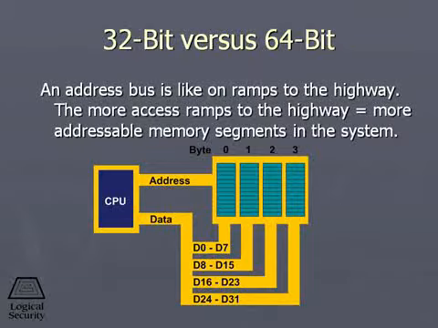A 32-bit architecture versus a 64-bit architecture. In the last couple of years, the 64-bit architecture has grown. What are we talking about? We're talking about the width of the address buses and the data buses on the motherboards of the computer systems themselves. The more lanes we have for these data bits, the more information we can commute in a single clock cycle.